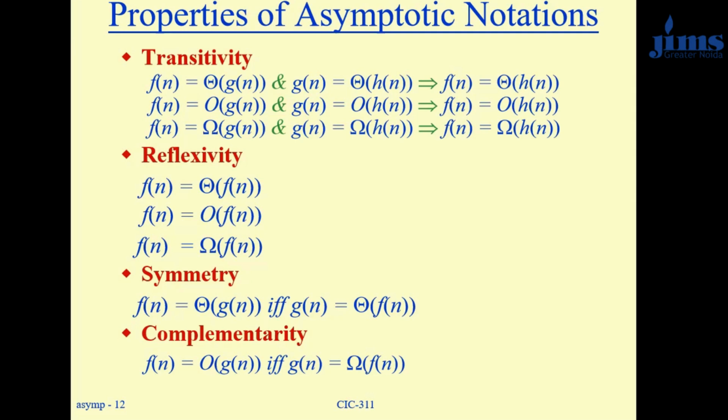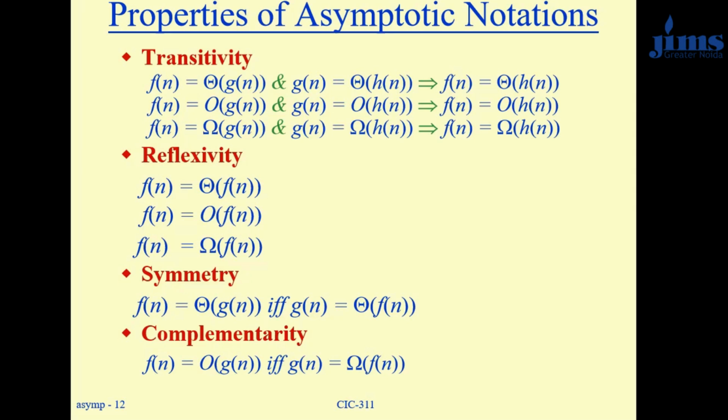Similarly, f(n) = big O of f(n) also. Why so? In case of big O, what do we demand of g(n)? We say that c·g(n) should be greater than or equal to f(n). Equality is also included, so the function f(n) is related to itself, satisfying the criteria for f(n) = big O of g(n).